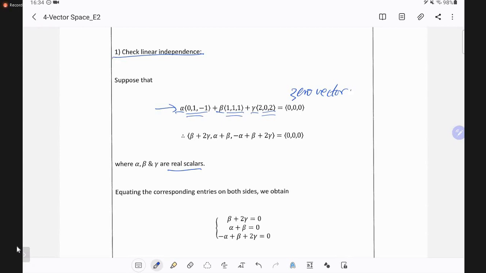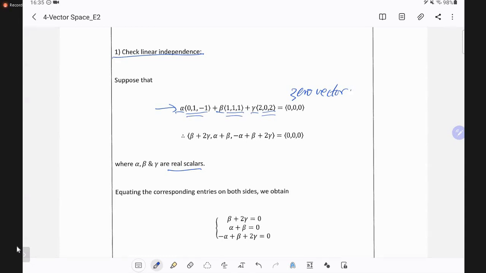If we want to check linear independence, we are asked to find the values of alpha, beta, and gamma. Our ultimate objective is to check whether alpha, beta, and gamma are 0 at the same time. If that is the case, we can claim the relationship is linearly independent. Am I correct?